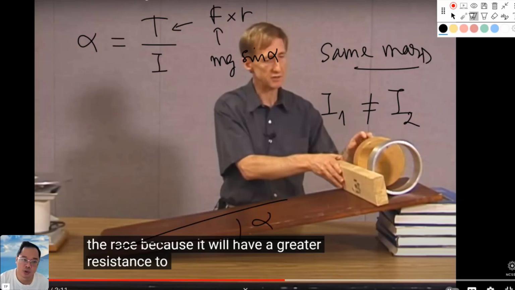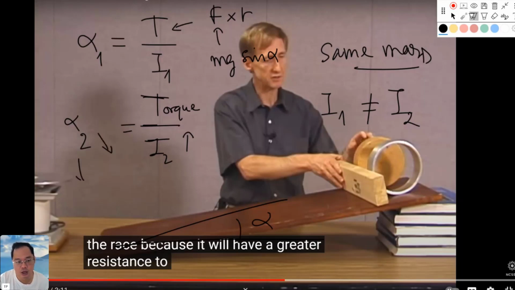So same torque but different moments. So I1 results in the angular acceleration alpha 1, and I2 at the bottom results in the second angular acceleration, with the same torque. So when I2 is greater, the acceleration of the second object will be smaller, and therefore it will take longer to reach the bottom.